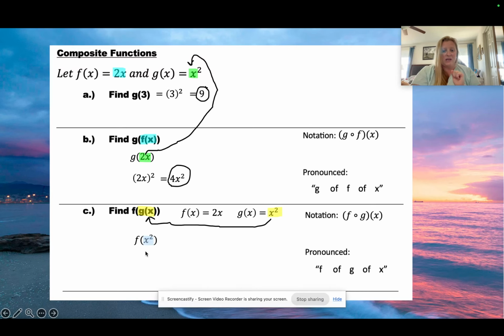So now I have to take this X squared and put it into the F formula. So in other words, I'm going to replace the X in my F formula with X squared. Now, it's a good habit that whenever you are plugging things into a formula, you put it in parentheses, so that's why it looks like this. But if you do 2 times x squared, you would just get 2x squared. So in this case, the parentheses didn't make much of a difference.